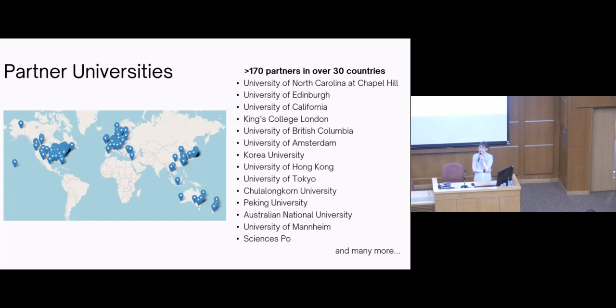So we cannot guarantee that everyone goes to the university of your first choice. You get to pick your partner universities when you apply. We cannot guarantee that you'll get your first choice. In fact, most of you won't, because a lot of you, your first choice will overlap.